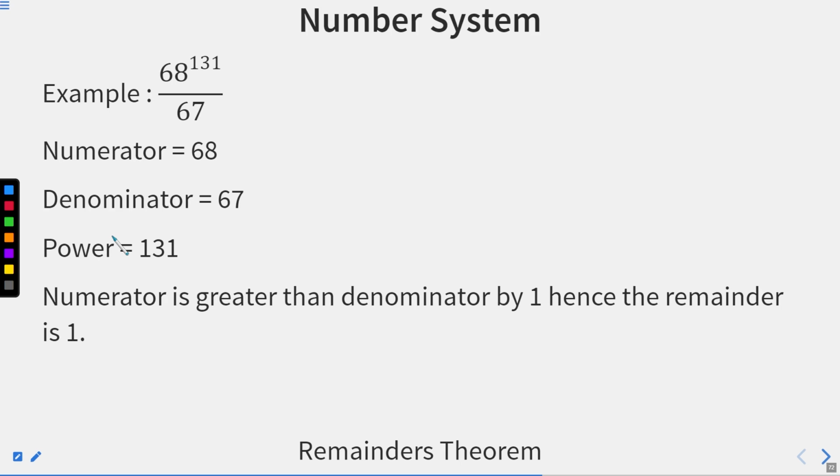We have 68 to the power 131 upon 67. So the base here is 68, the denominator is 67, and the power is 131.